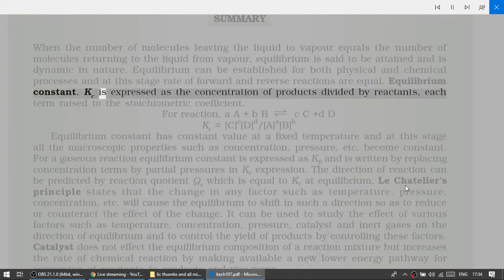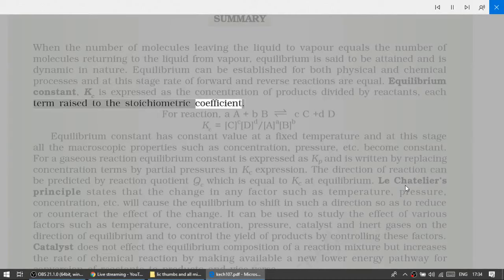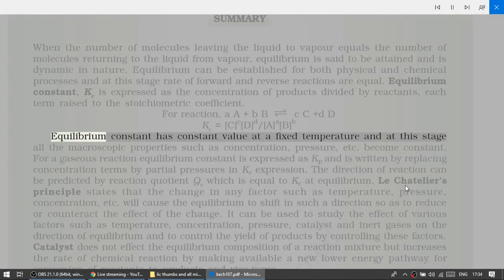The equilibrium constant Kc is expressed as the concentration of products divided by reactants, each term raised to the stoichiometric coefficient. For the reaction A + B ⇌ C + D, Kc = [C][D]/[A][B].